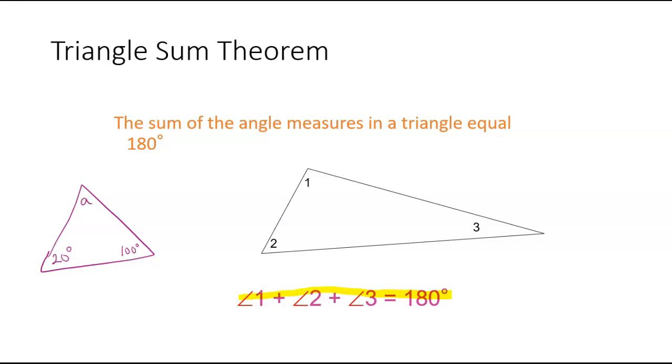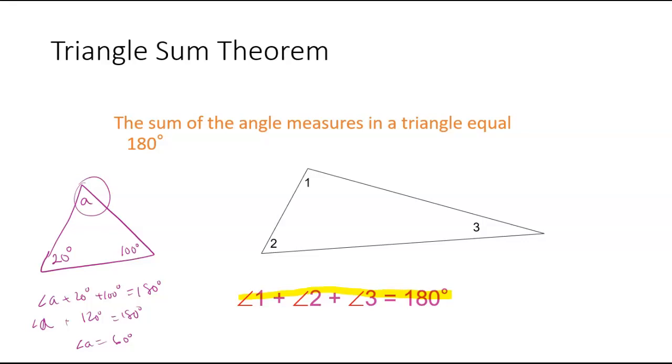We'll call it angle A. Well, I would say that angle A plus 20 degrees plus 100 is equal to 180. This will give me 120, and if I subtract 120 from 180, I will then get my measurement for angle A as 60. So again, you can easily find that third angle.